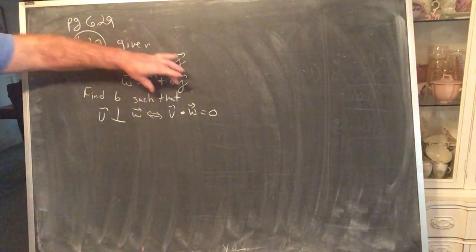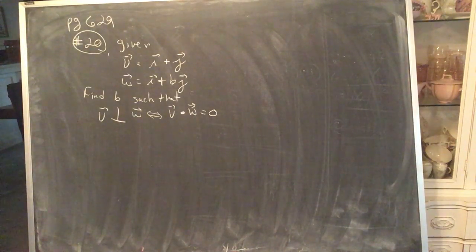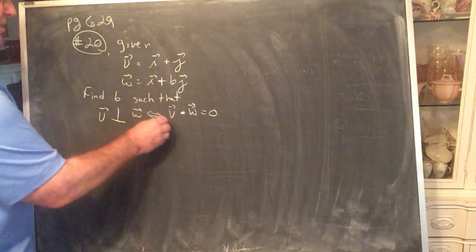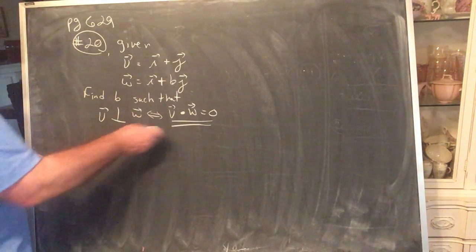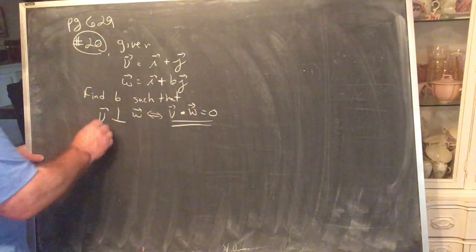And so that's going to allow us to set up an equation and solve to find the value for b. So establish the condition to be met, which is the dot product must equal 0, and then solve to find what value causes that to occur.